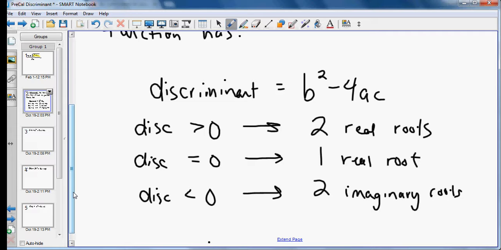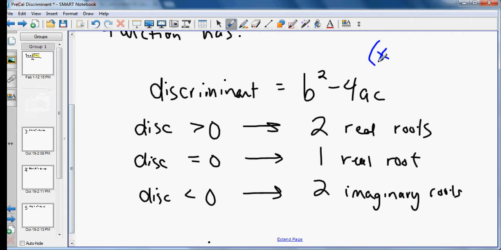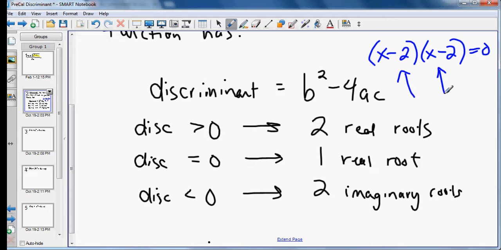Or some other books and things will say you have 1 unique real root. Because what actually happens, just so you know, when you have the discriminant equal to 0, is you have 2 roots, but it's the same number both times. So for something, if you factor it and you get x minus 2 times x minus 2, well, technically I have 2 roots right here because I have 2 different pieces, but both of them are going to give me x equals 2.